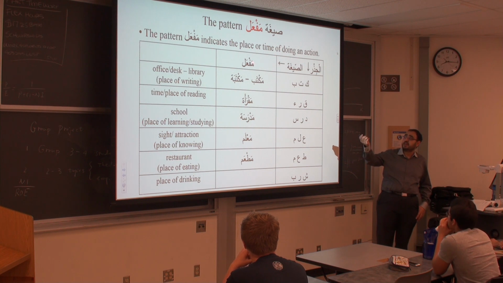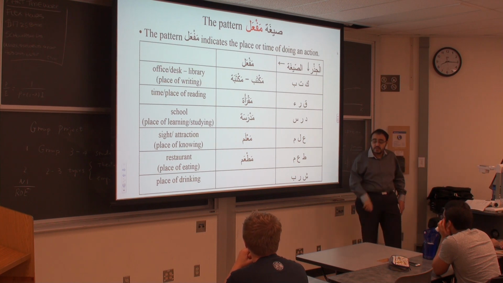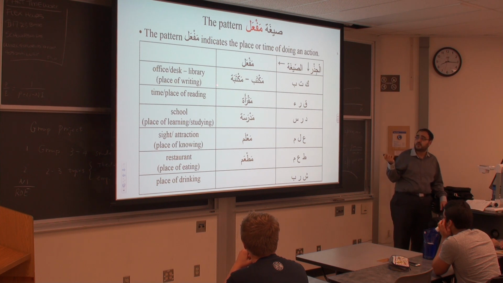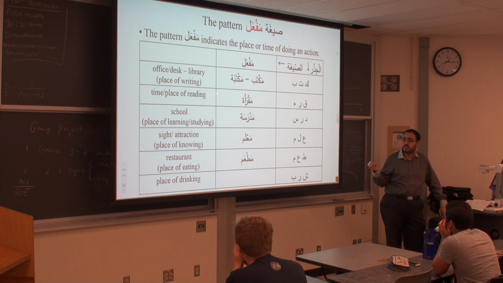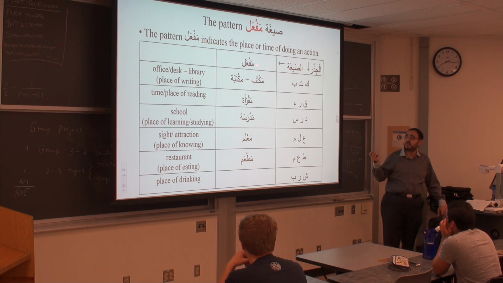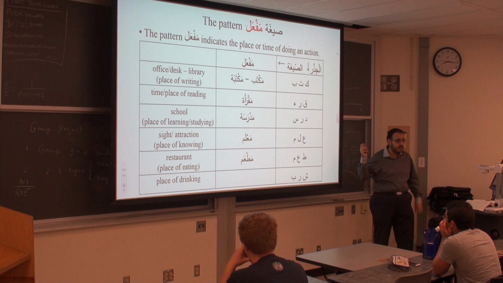And then you add the meem with the fatha, the sukun, and the fatha on the first three letters, so it will be maktab. By putting ta marbuta, you're making it feminine. Both literally mean the place of writing, and maktab has been associated with the meaning office or desk, and maktaba has been associated with library. Okay, next one.